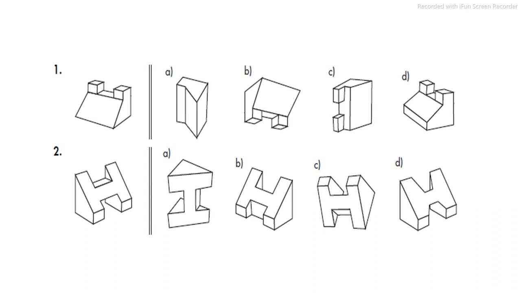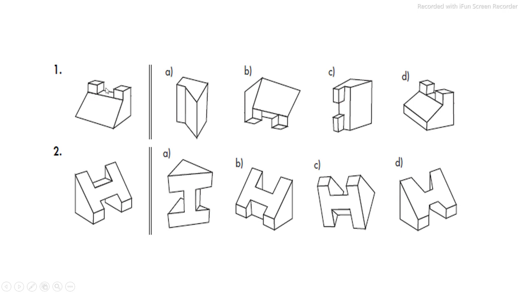But if you are not able to rotate these images in your mind, to picturize these rotations in your mind, you don't have to worry about it. You can still figure out how to solve these questions. The method we use here is the elimination method. To figure out which will be the rotation image of this, we'll try to eliminate which are not, and then we'll land up with our answer.